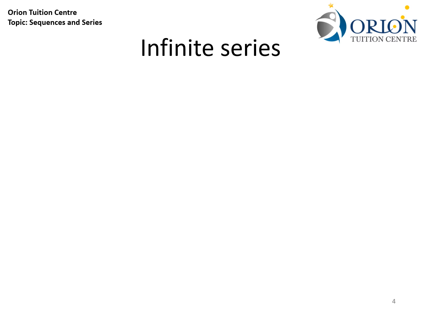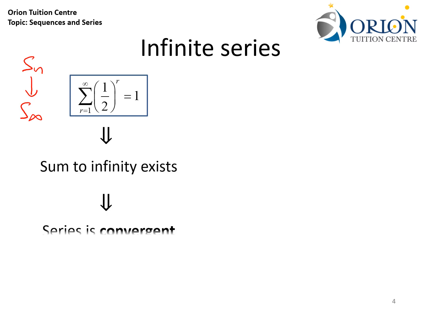In a series, if we do not stop the summation at n terms, but instead we sum all the possible terms, it is called a sum to infinity. So instead of Sn, we now have S infinity. In certain series, we can get a finite value for the sum to infinity. For example, if we sum half to the power of r, we can show that the sum of this infinite series is 1.